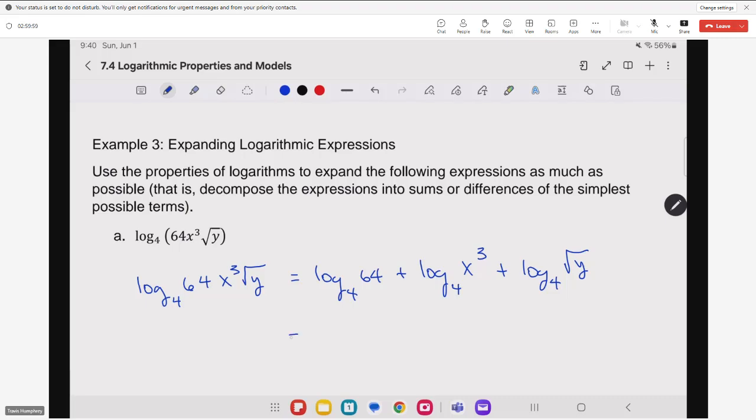Now I can also expand this further by rewriting 64 as 4 to the third power, and rewriting the square root of y as y to the 1/2 power.